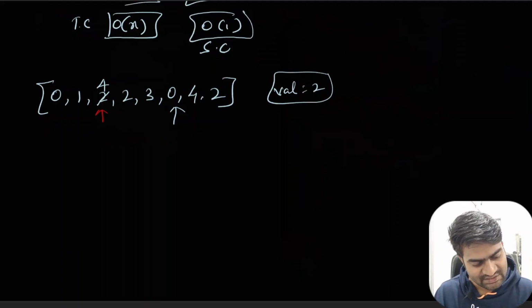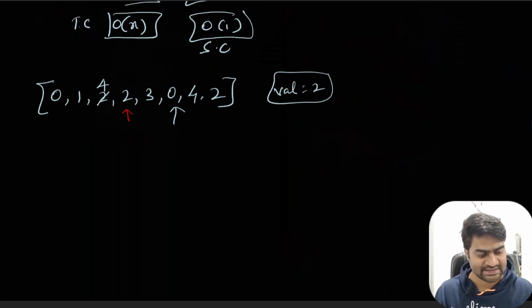Correct, right? So now I have 0 and here I have 4. So since it is 4, which is not 2, then I will have to simply move this pointer to next index. Now if you see, again I get 2 at this particular place.